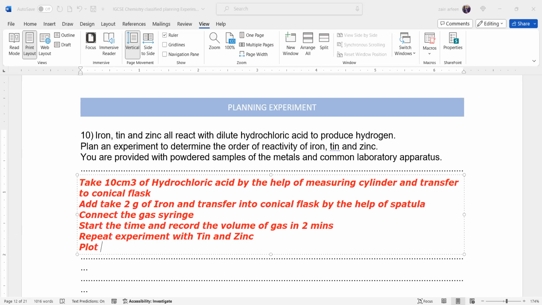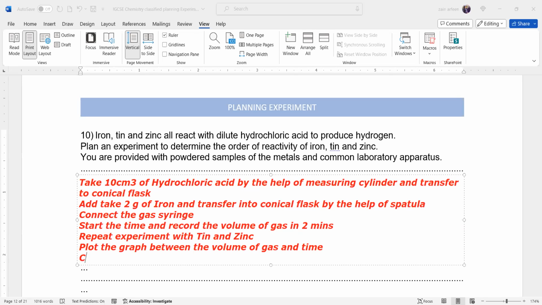Then plot the graph between the volume of gas and time. And how do we know which is steeper? We compare the gradients, or compare the slopes.